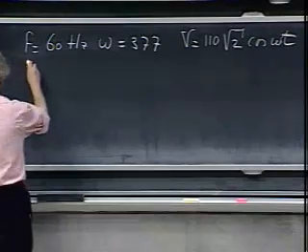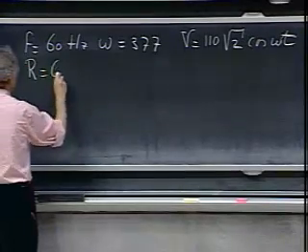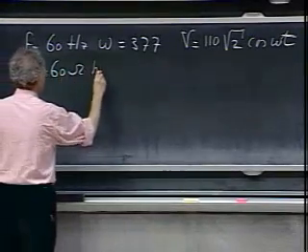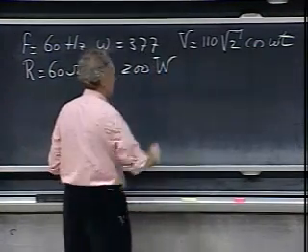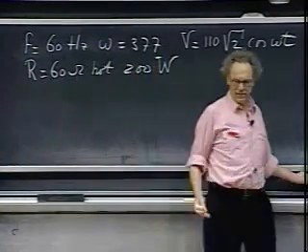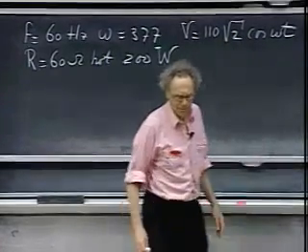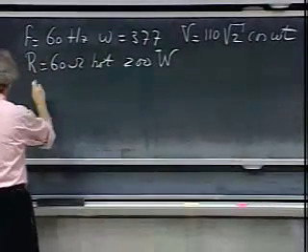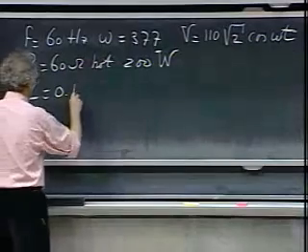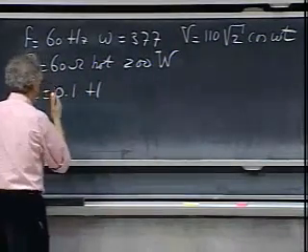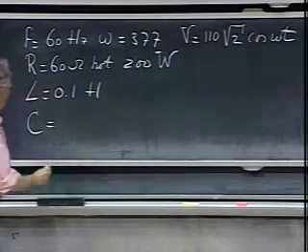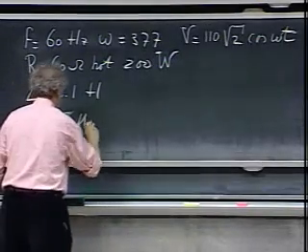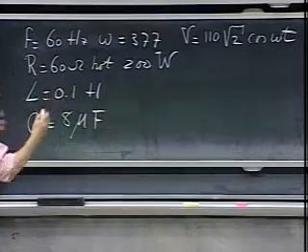My light bulb R is 60 ohms when it is hot, and it is a 200-watt bulb. So if it's bright, 200-watt bulb. The self-inductance L is 0.1 Henry, and the capacitance is 8 microfarads. So this is God-given.